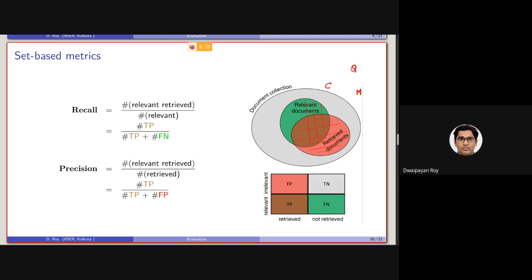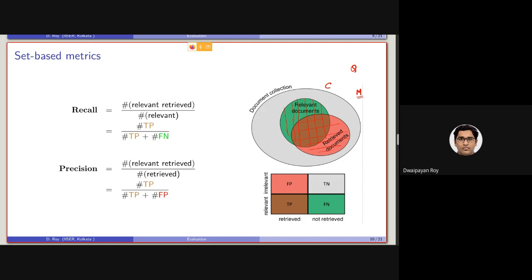And of course, you can understand that the intersecting portion of this Venn diagram is basically the documents which are retrieved by the retrieval model M and are also relevant. So based on this set-based measure, if we overlook the ranking for the time being, and just check whether a retrieval model is retrieving a set of relevant documents or not, at which position we are not bothered about that, then we can measure using recall and precision.